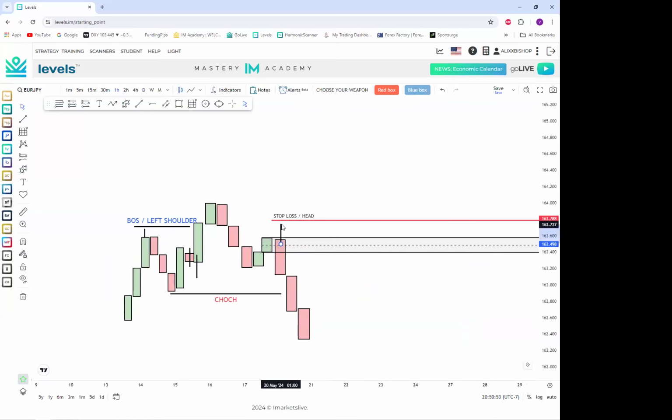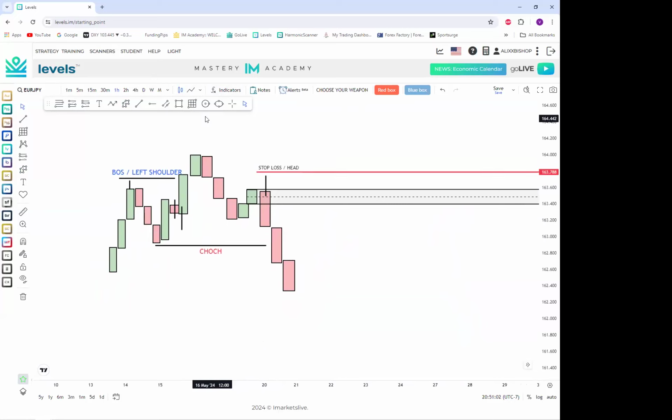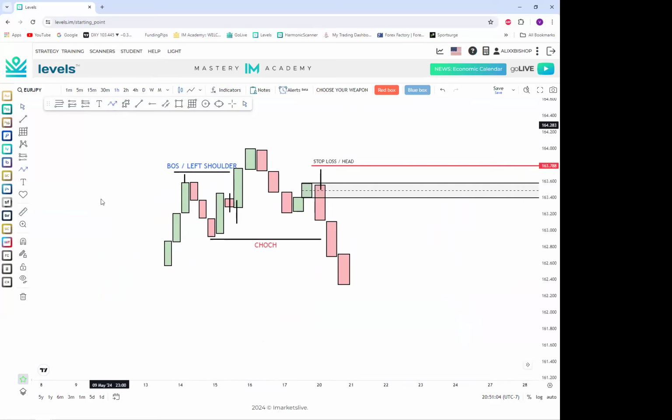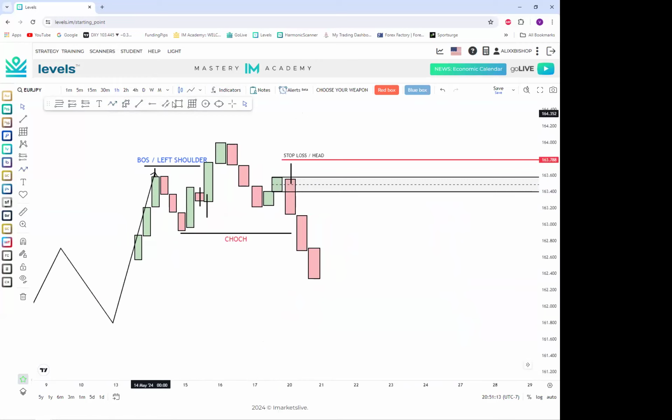So let's go ahead. We're looking for sells here now, right? Because sometimes, guys, if we're just focused on one time frame and market has been buying, and you don't know that there's a starting point down here.